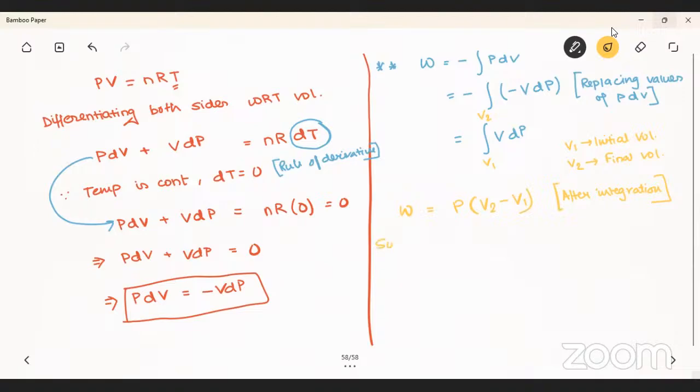Now substituting the ideal gas law into the equation, W is equal to nRT, V2 by V1 minus 1.